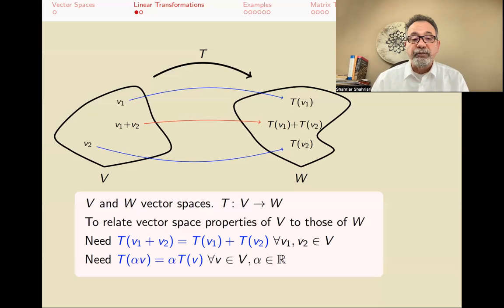Similarly, for scalar multiplication, I want T of a scalar times V to be the same as that same scalar times T of V. Scalars are, in this course, for first-time viewers, just the real numbers. But as we have discussed in previous videos on fields, the scalars in a vector space could come from any field. For second or third time viewers, you can replace R with any field. But for going through this the first time, just think of real numbers as being the scalars.